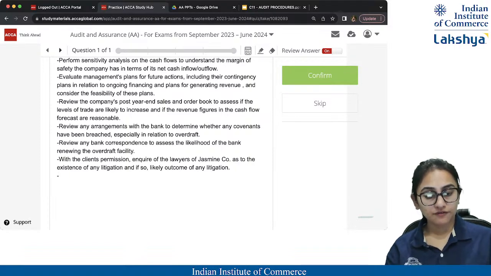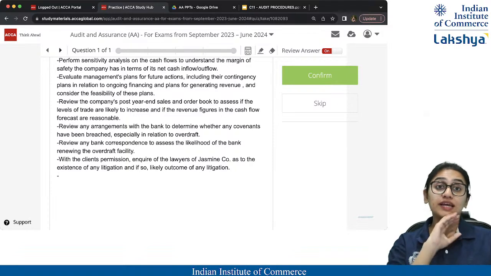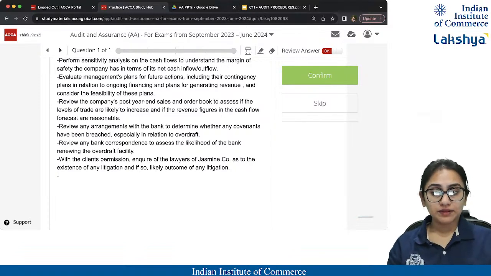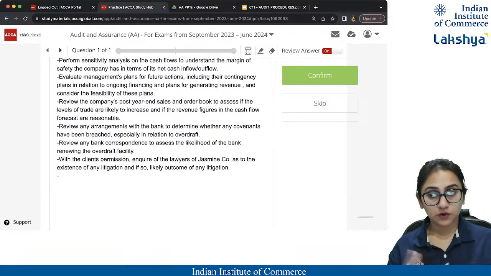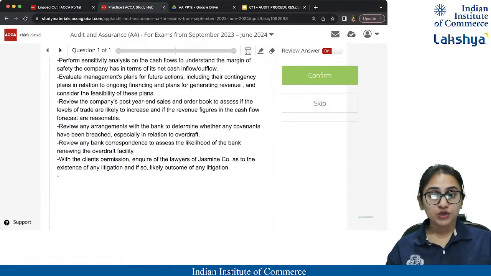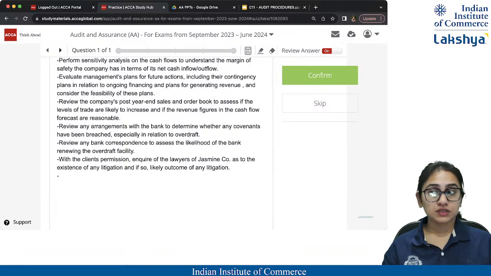Then our favorite, if you want to find out about any issue that maybe the company doesn't want to share with the auditors, but within the problem is going on and the discussions are going on. So how will you understand about the problems? Simple, by reviewing the board minutes.